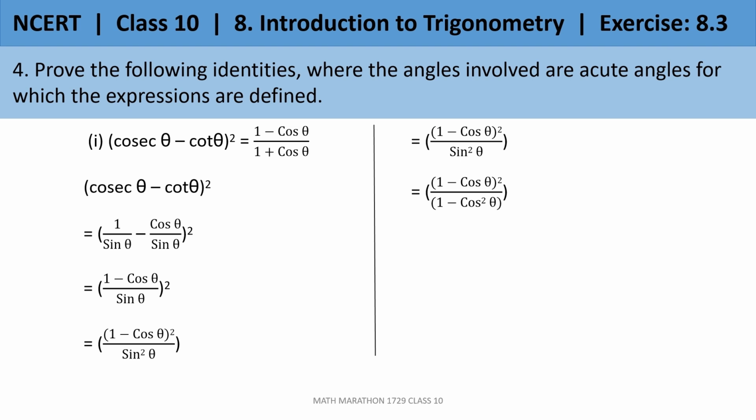So, sin square theta is equal to 1 minus cos square theta, giving (1 minus cos theta) whole square by (1 square minus cos square theta).